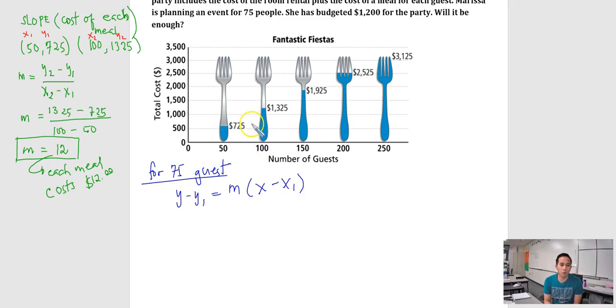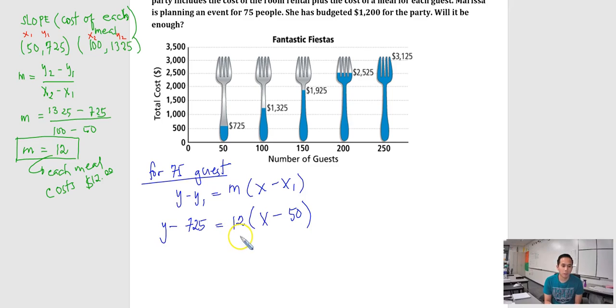We'll be using the point (50, 725), the starting one. So y minus y1, which is 725, the first point we have, is equal to the slope, which is 12, times x minus 50.